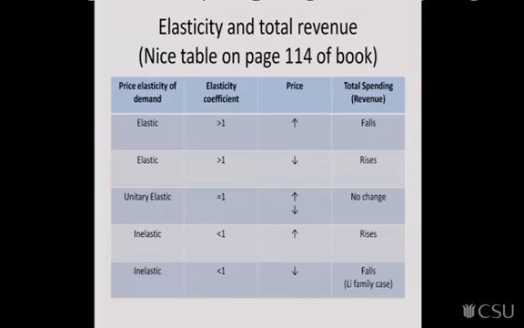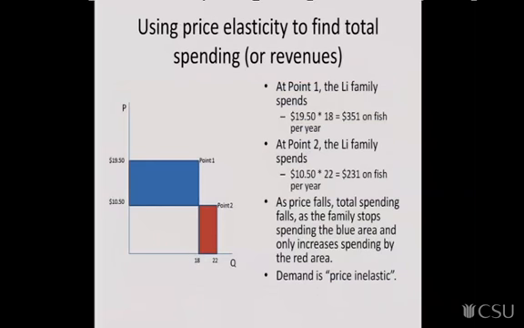And when the price fell, the Lee family only spent $231. If you look at it the reverse way, the opposite happened: if fish prices were $10.50 a kilo and then almost doubled to $19.50 a kilo, total spending has risen by 120 bucks.